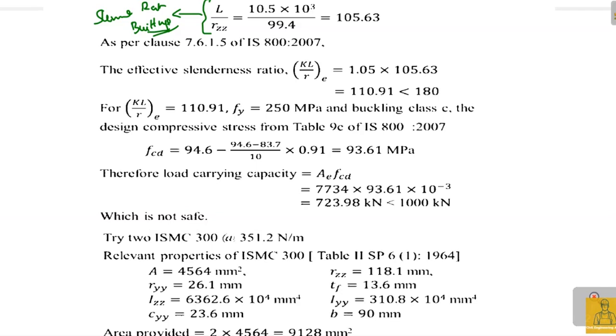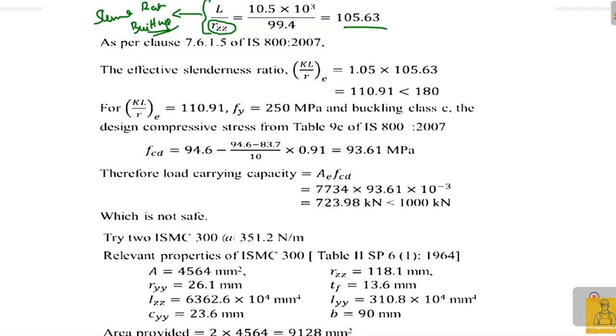So now L, the length, will not change. So RZZ. As I told you, the built-up section should have a minimum radius of gyration equal to the greater radius of gyration of the individual section, RZZ. So you use that and you get a slenderness ratio of 105. This is the slenderness ratio of the built-up section.